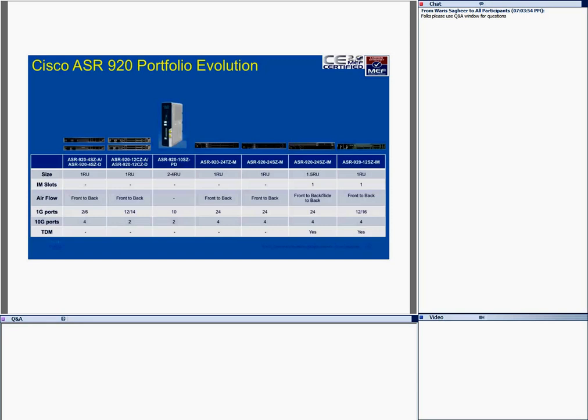The IM slot provides you some kind of oversubscription, and again we are talking about the non-intelligent way of oversubscription, like I mentioned before. And this gives you flexibility of introducing TDM interfaces on the same platform. If you have a low port density TDM requirement, you could use the platform.